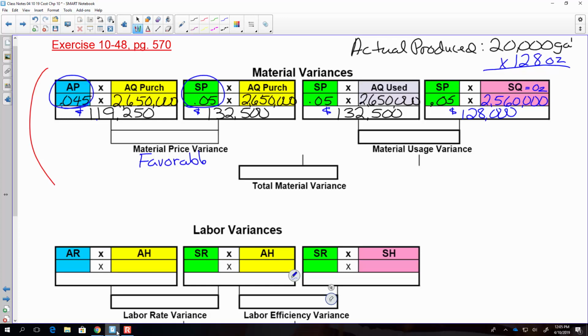How about my usage variance? Unfavorable, yeah. I'm looking at the actual quantity used and comparing it to the allowed quantity, right? In this case, my actual used was more than my allowed quantity, so that's unfavorable. So now we can just take the difference. 4,500 for the usage variance.